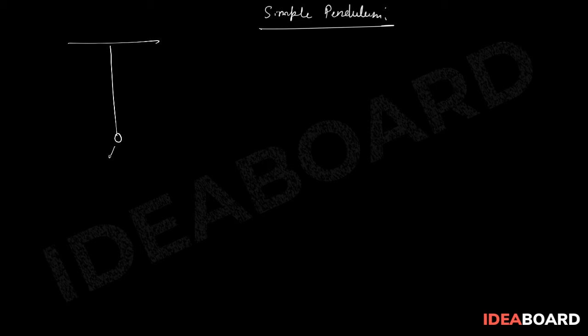So in this video further I am going to do, let's say, a simple pendulum. So the major task is to find out the time period of this pendulum. So a simple pendulum is like this. Suppose there is a string, there is a small bob which has mass m, and this is a string which is having tension T because of this bob, because the mg force is downwards.